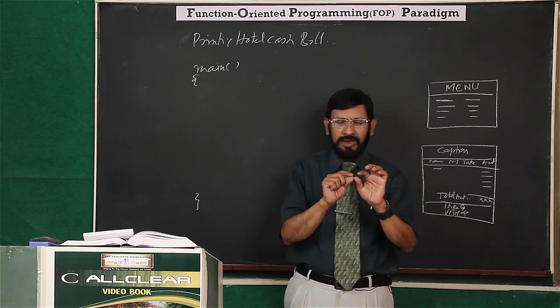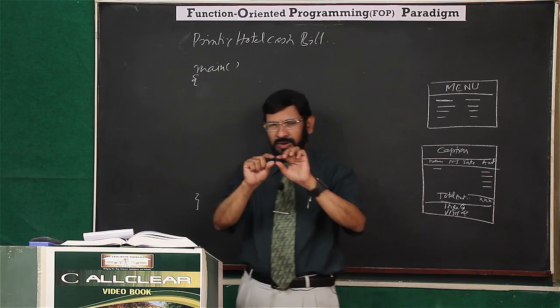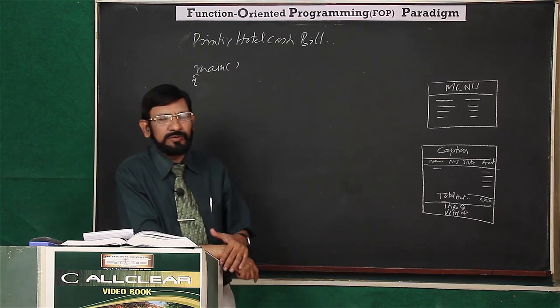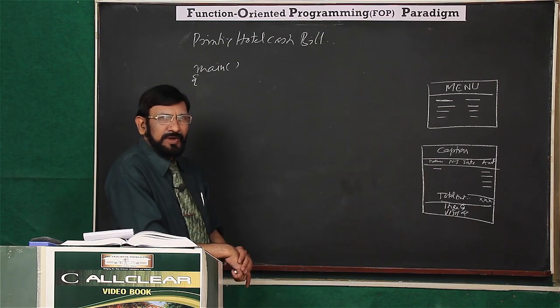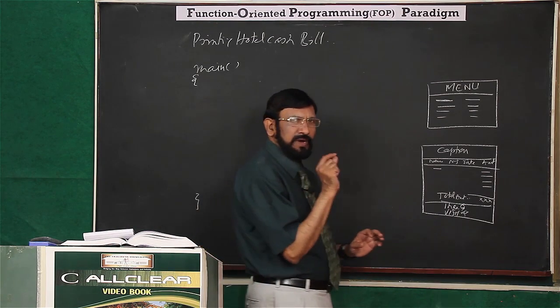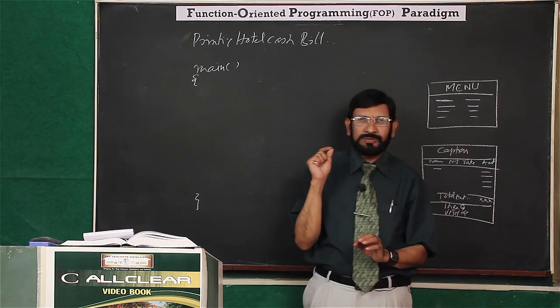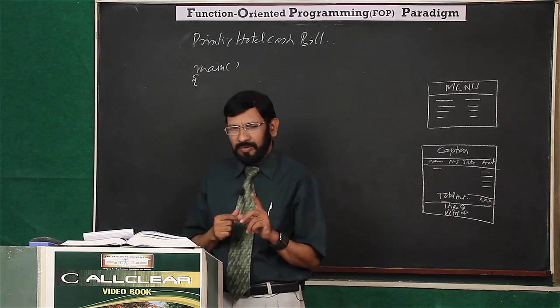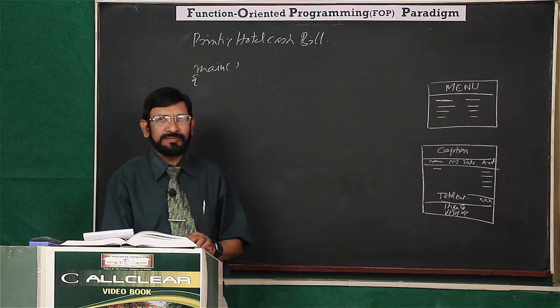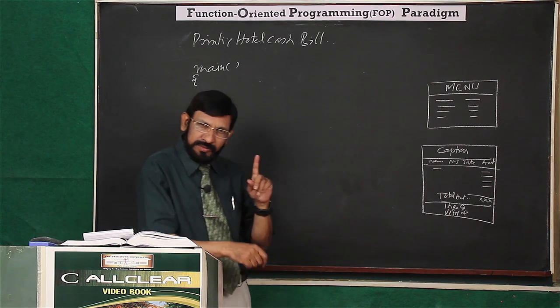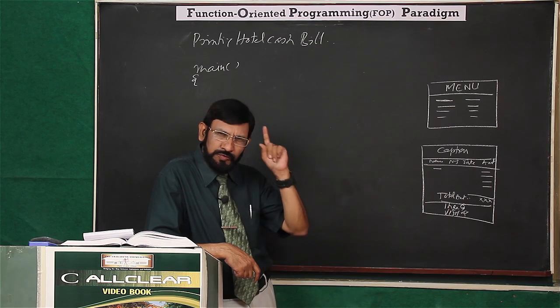One is calculate total marks, only one line of code: total marks is equal to P1 plus P2 plus P3 plus P4 plus P5. Second one, average marks: average marks is equal to total marks by 5. Even though each is one line, we have defined separate functions. That is the strict principle you should follow.